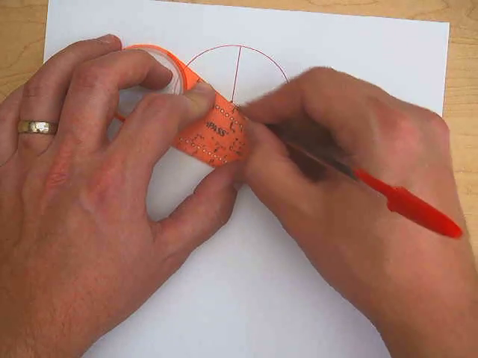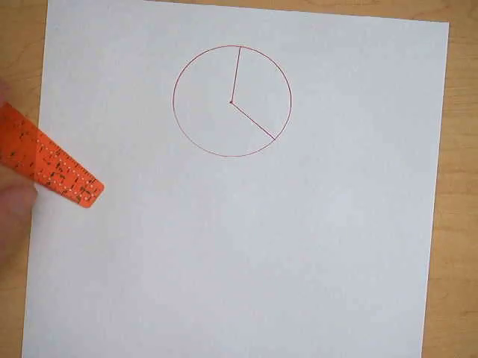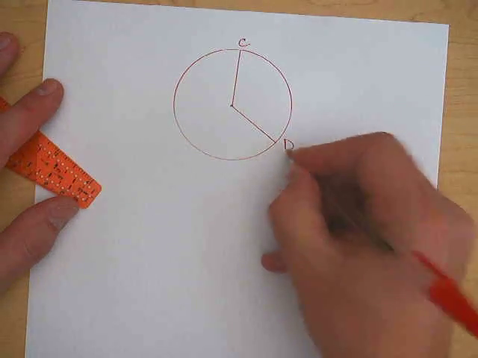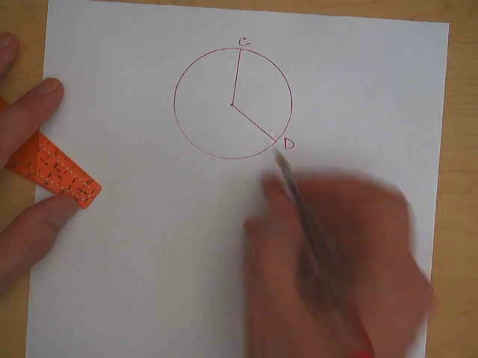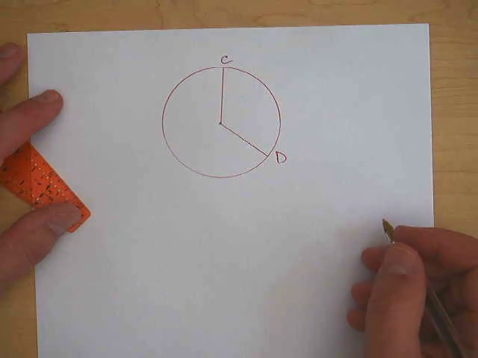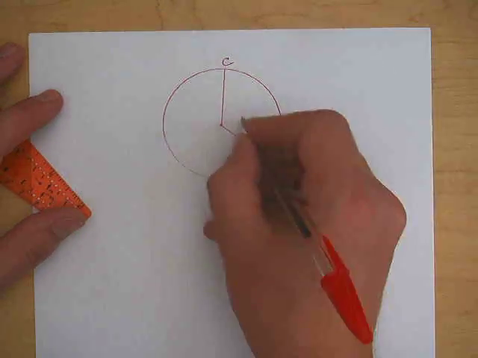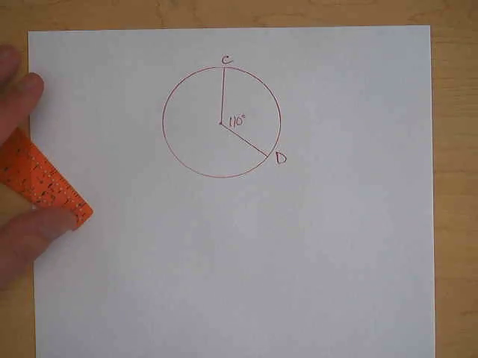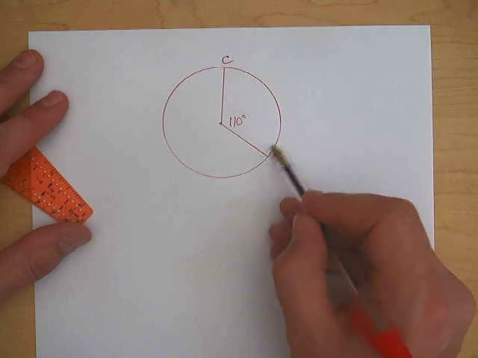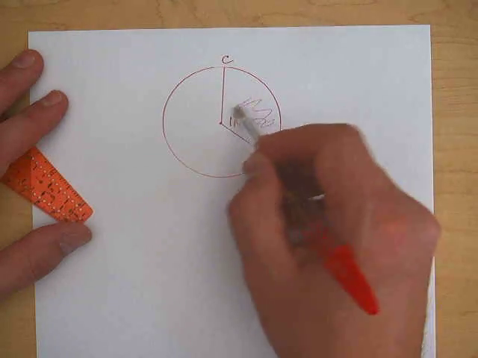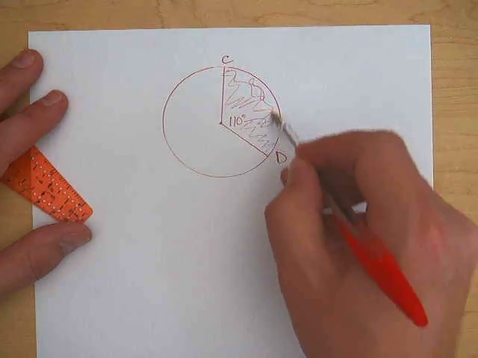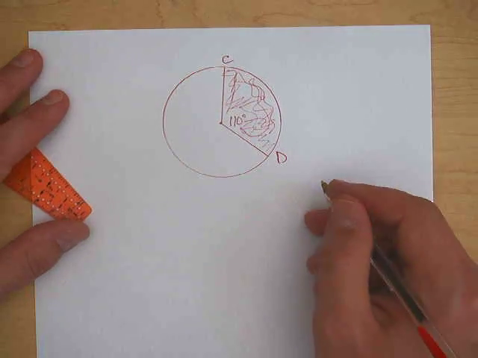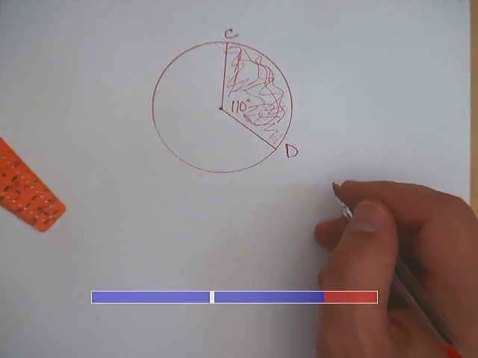So let's say I have a very large slice of pie right here. Say this is CD. And let's say my slice of pie represents 110 degrees.